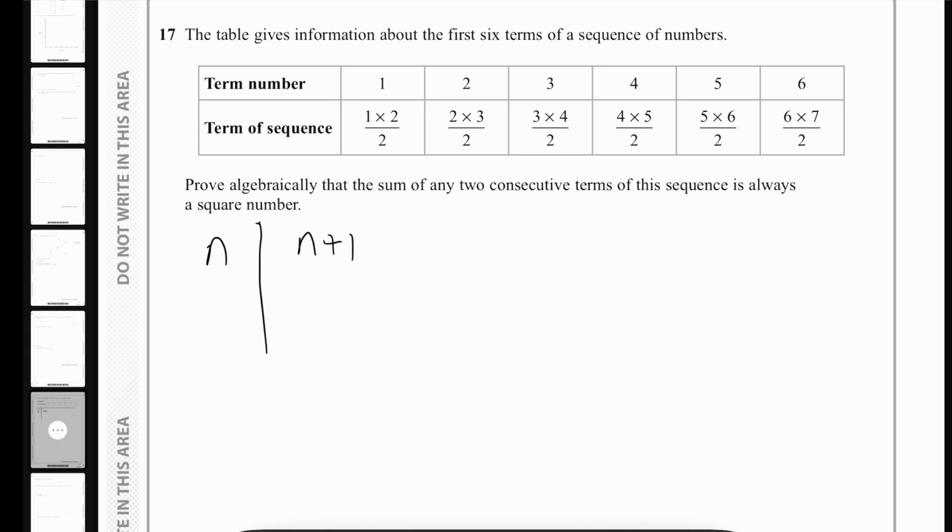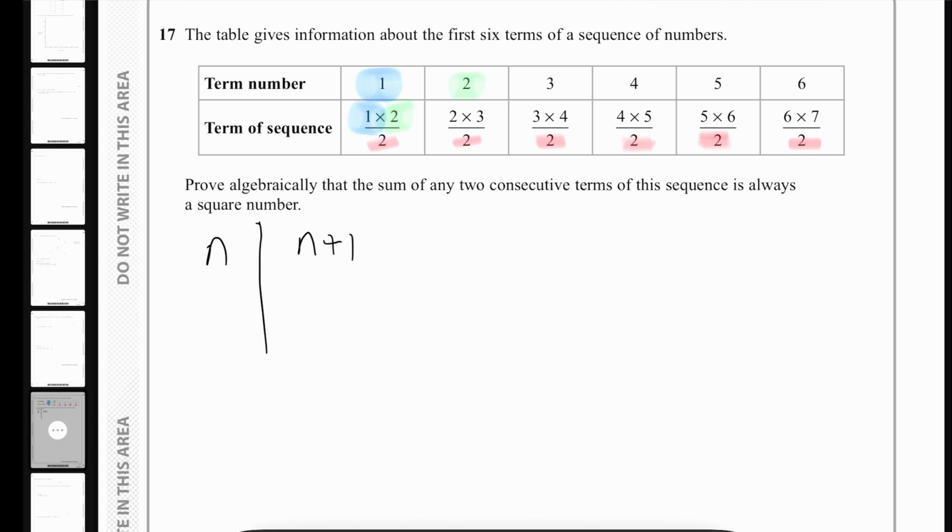And then if we have a look at my sequence, I've got 1, which relates to 1, and multiplied by 2, which is always my next number, and that pattern continues throughout. Then I've also got a common 2, which stays steady throughout.